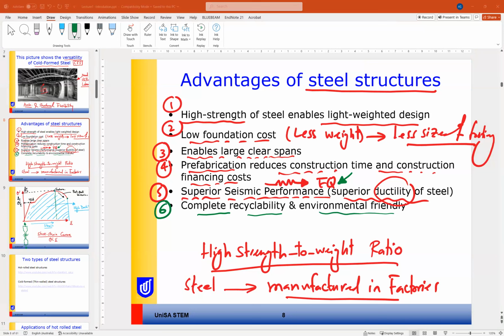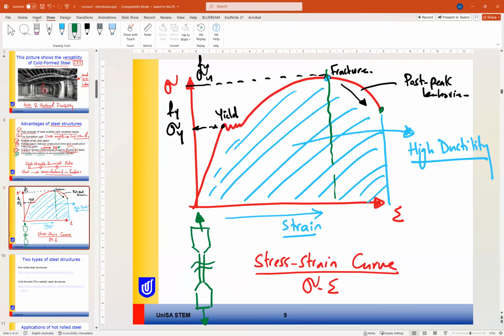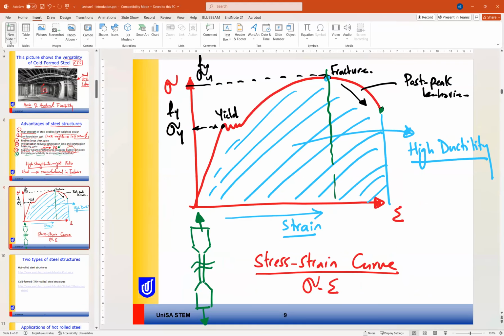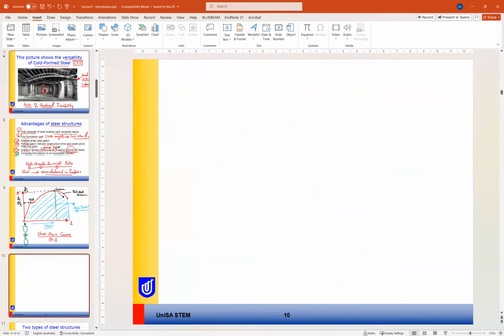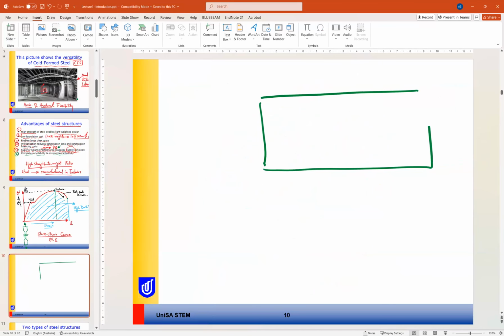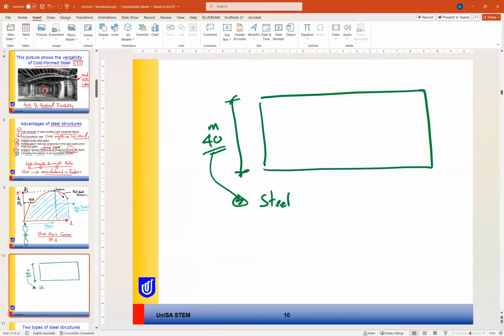So this is generally the most common advantage of steel structure compared to other structure. Okay, and one example of the clearer or larger span, for example, if you have a warehouse, you need to design if the span, for example, is 40 meter. If the span is 40 meter, the most appropriate system for this span will be steel frame.